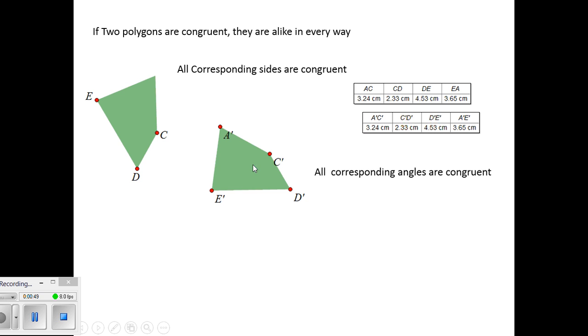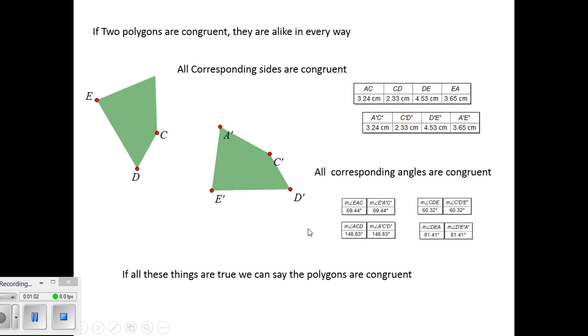You're going to see that angle A here is the same as its counterpart up here, angle A, which is not there, but angle A is the same angle. So there's the angle measure showing that they're alike. In order to be congruent, they are alike in every way, angle for angle, side for side.